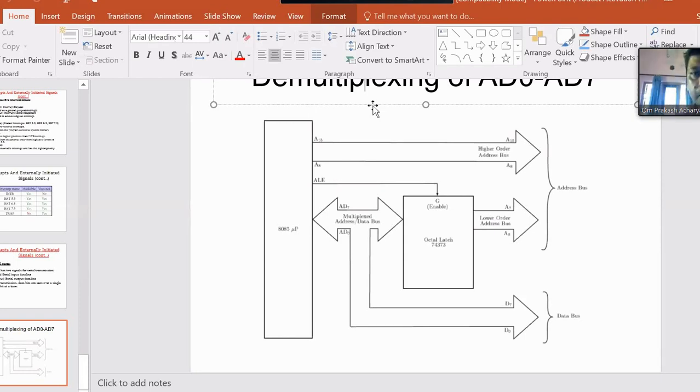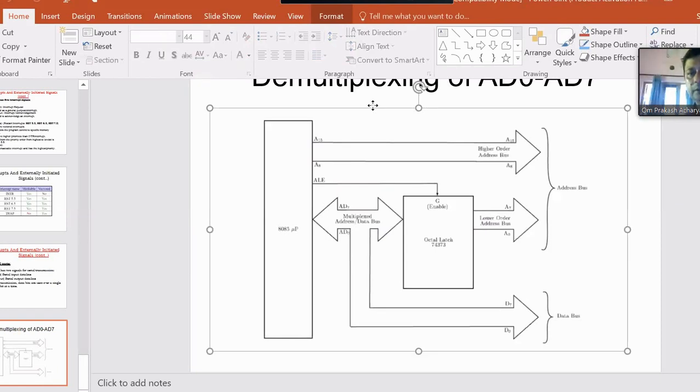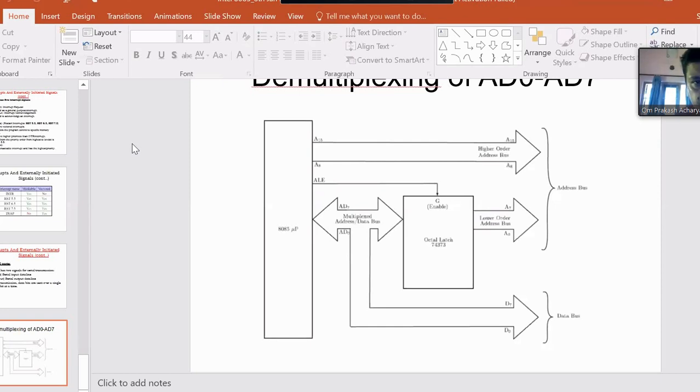ALE is Address Latch Enable. When ALE is high, these lines will be available as address. When ALE is low, they will act as data. So this is the clear picture of demultiplexing of AD0 to AD7.